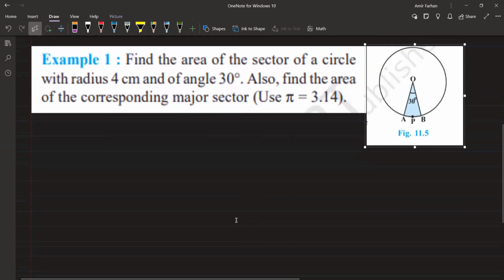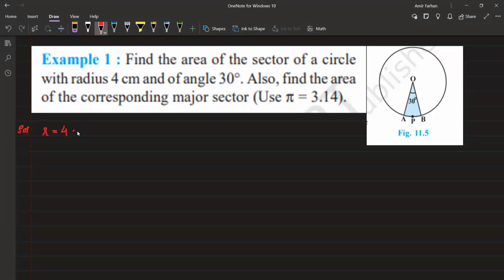So this is the question. Adil, this question is saying that you need to calculate the major sector and the minor sector as well. Find the area of the sector of the circle with radius 4 and angle theta. We have to calculate the minor sector first because the angle 30 is given for the minor. Yes. Very good.